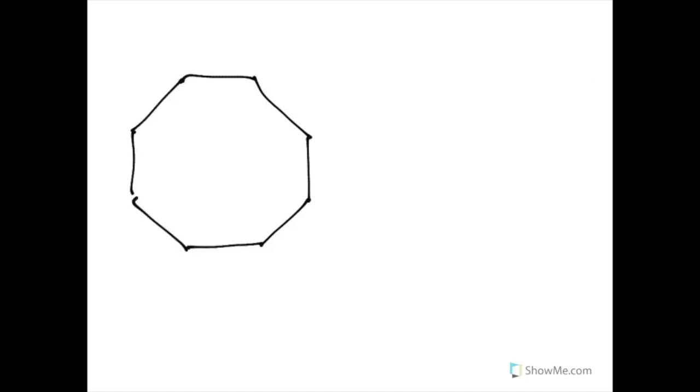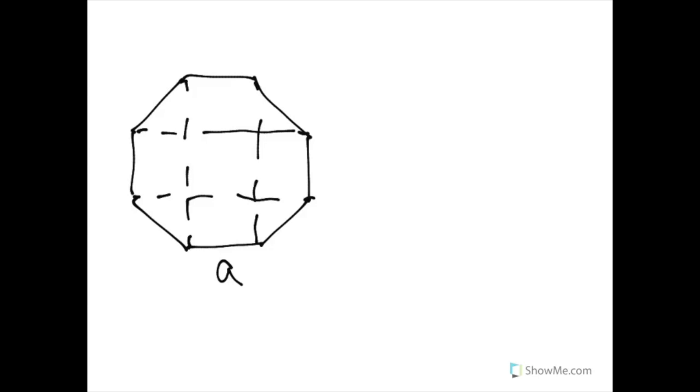Moving on to the octagon, this is slightly more complicated, but we can partition the octagon as such, dividing it into 1 central square, 4 side rectangles, and 4 corner triangles.